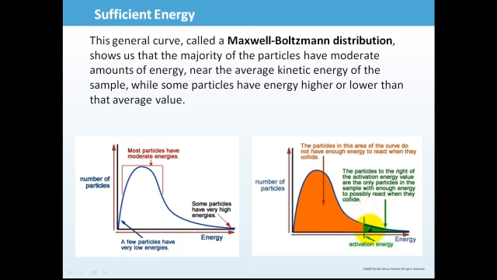So in this example, this small section over here in the green are the only particles that are going to have sufficient energy to have a successful collision and react and produce the product we need. The majority of the particles will be over here on this side, and they will not react. Right, so once those particles cross this line, so to speak, and have sufficient energy, then they will be able to react and produce the products.